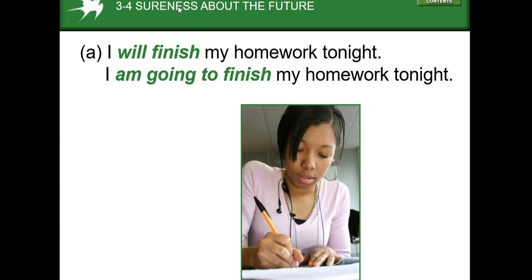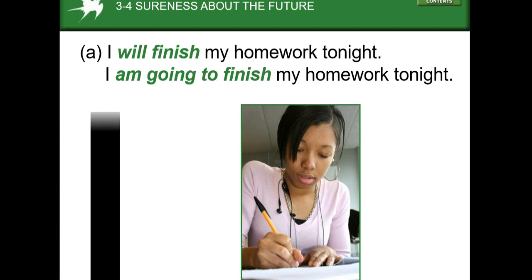It is expressing sureness about the future. I'm going to finish my homework tonight. Okay? It is for certain that she's going to finish her homework tonight. That's why she is expressing that using those sentences.